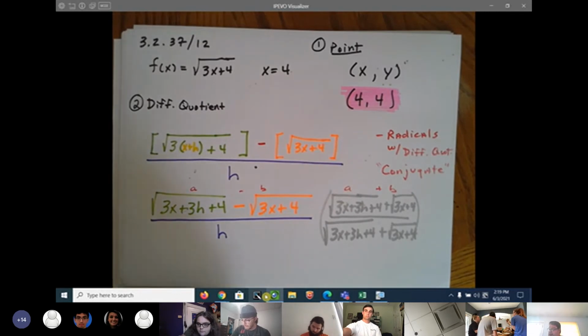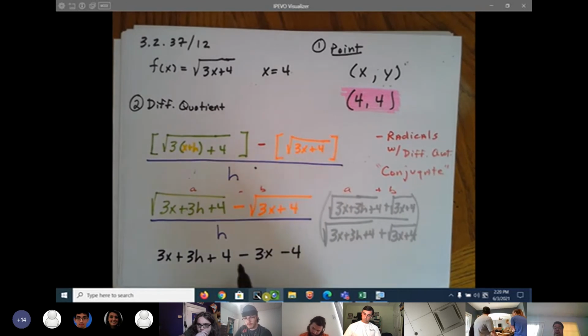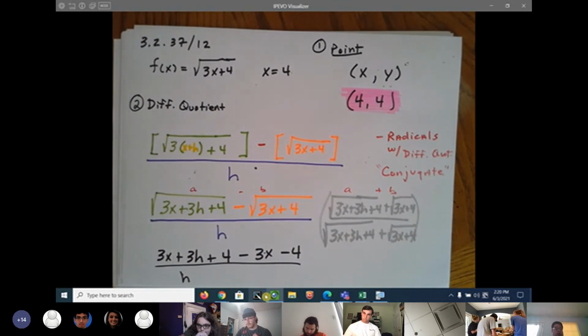So that gives us 3x plus 3h plus 4 minus 3x minus 4, because you distribute that negative, all over h. And I'm just going to write an orange radical and a green radical. If y'all will let me, if I have y'all's permission to do that.